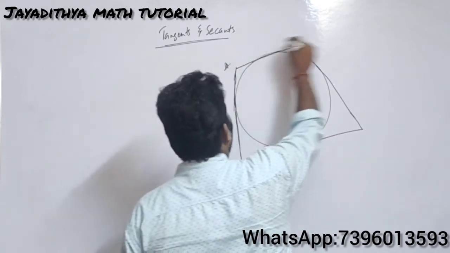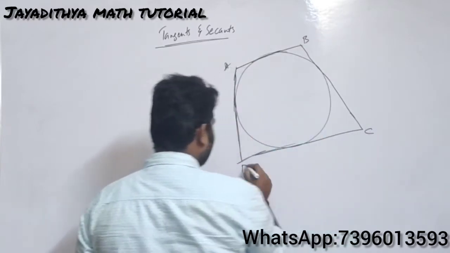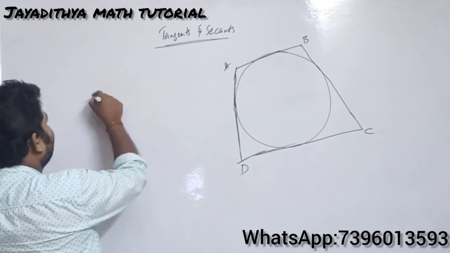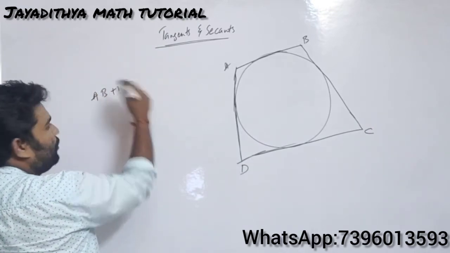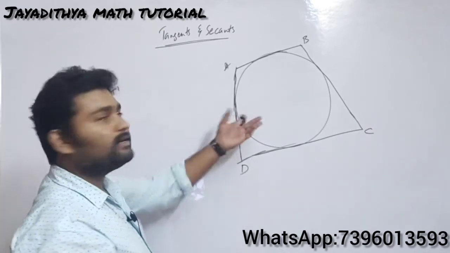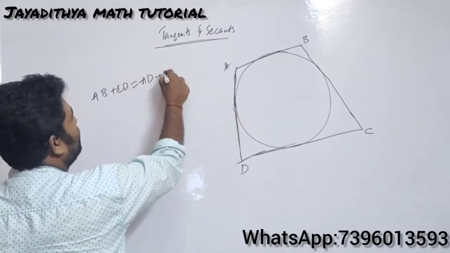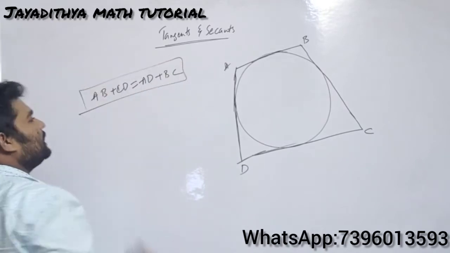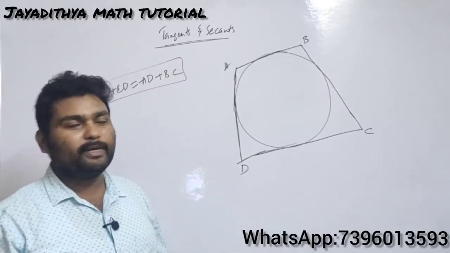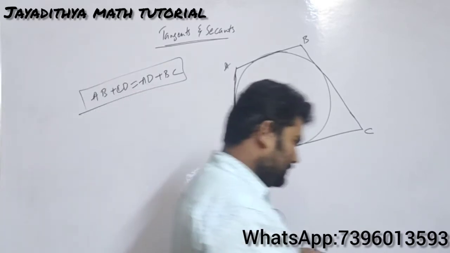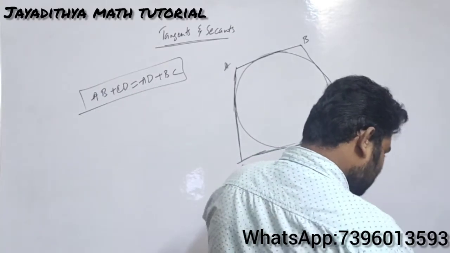Let us take the points as A, B, C and D. If this is the case, what can you say? The sum of opposite sides is equal. If the quadrilateral is like this, AB plus CD will be equal to AD plus BC. So simply you can understand this one. The sum of the opposite sides will be equal when a quadrilateral is circumscribing a circle.